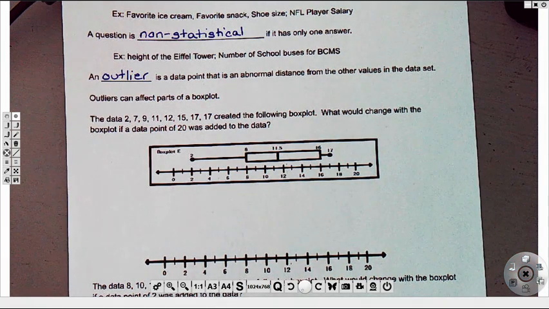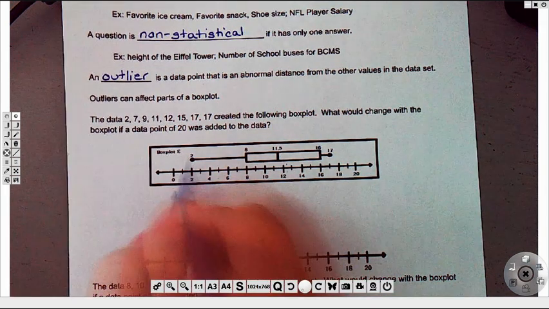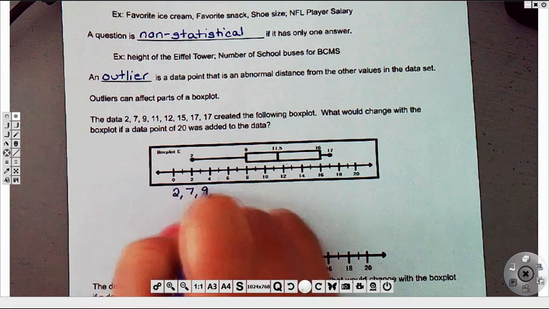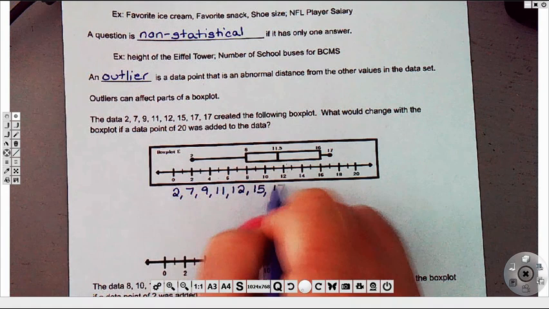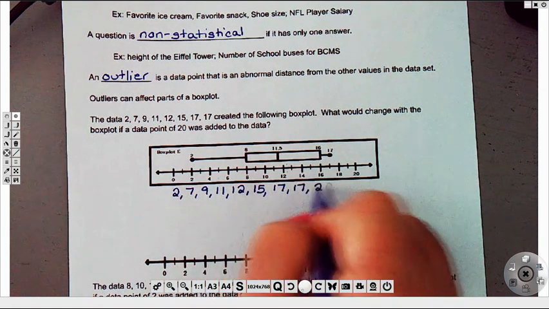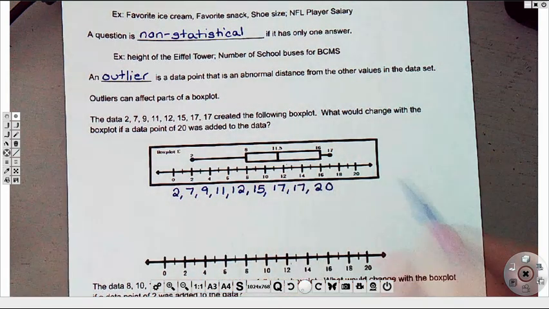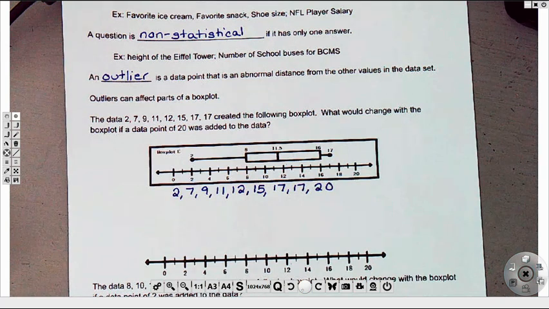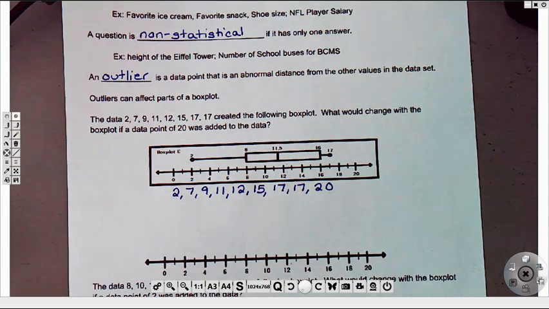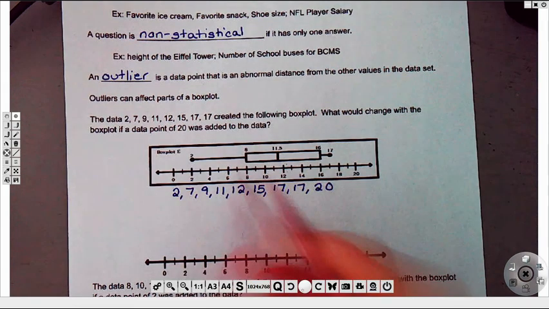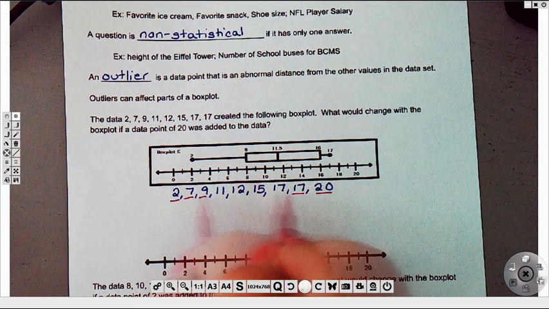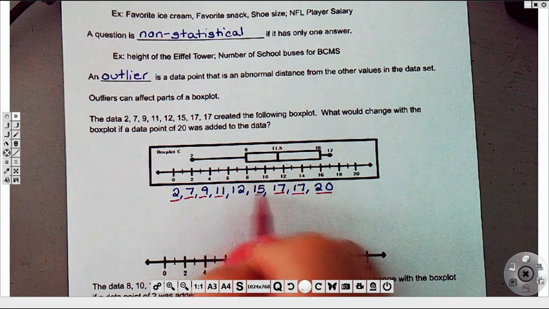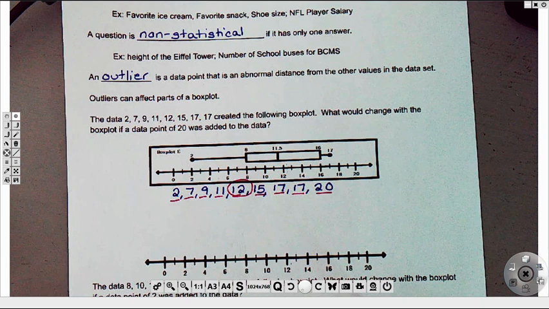So when I'm looking at this, I would need to restart by writing down my data. Thinking about what my median would be, so your middle number. So your median is 12.